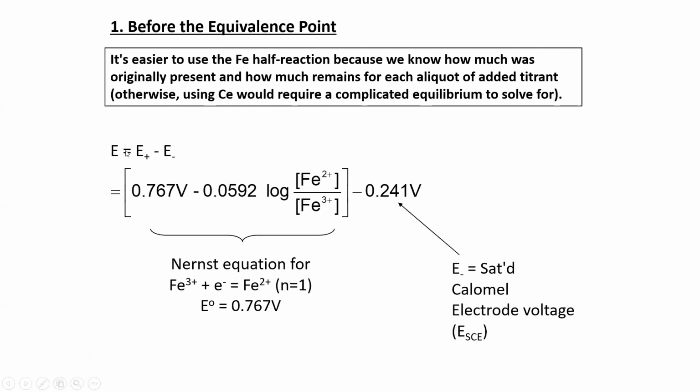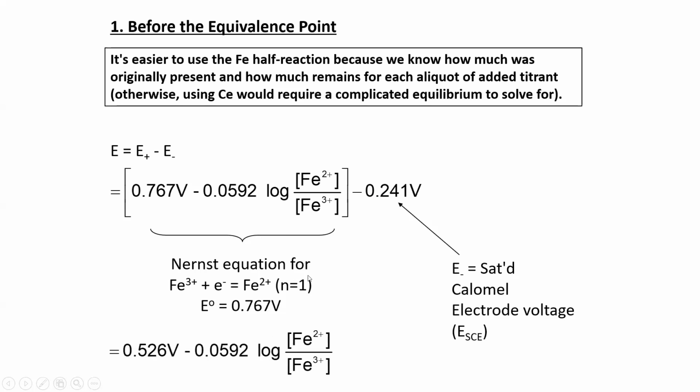So there's going to be E equals E positive minus E negative. So this is the next equation for iron 3 going to iron 2, when it is the oxidation of your iron, and you subtract E negative, which is your calomel electrode voltage that is measured separately.